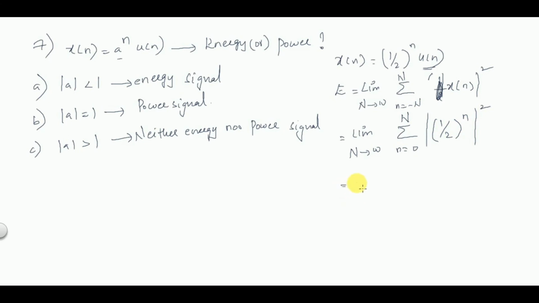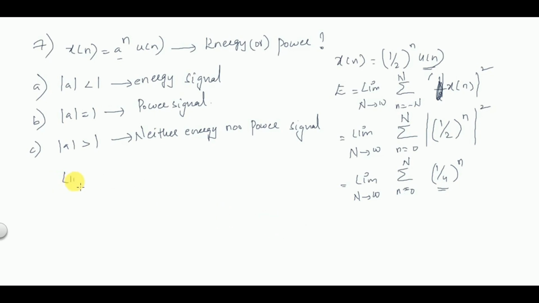So this becomes limit as n tends to infinity, summation n is equal to 0 to n, 1 by 4 whole power n. Yes or no? A power m whole power n can be written as a power n whole power m also. So it becomes 1 by 2 whole square, whole to the power of n, which is 1 by 4 whole to the power of n.